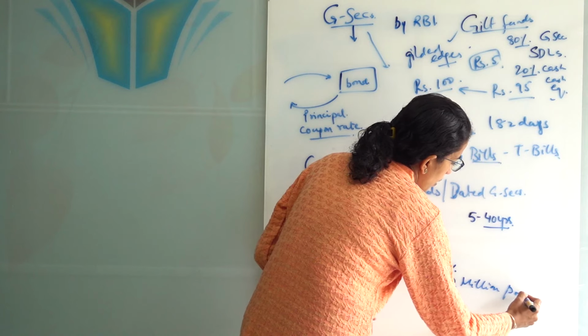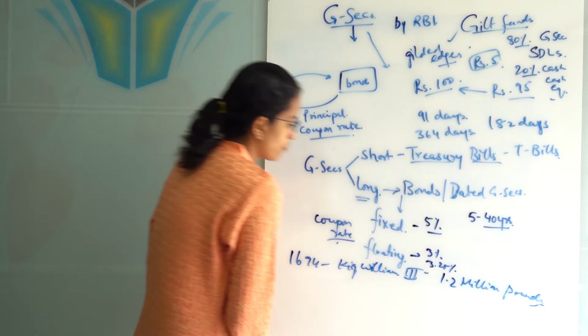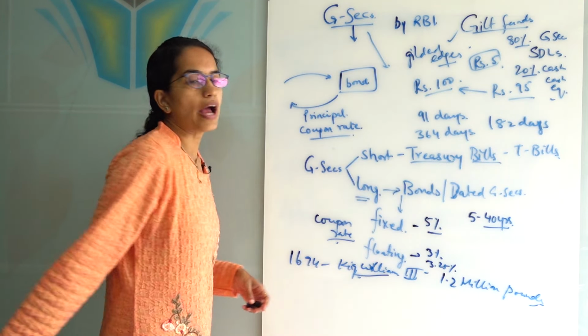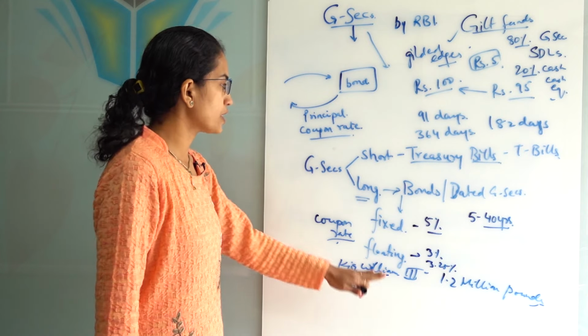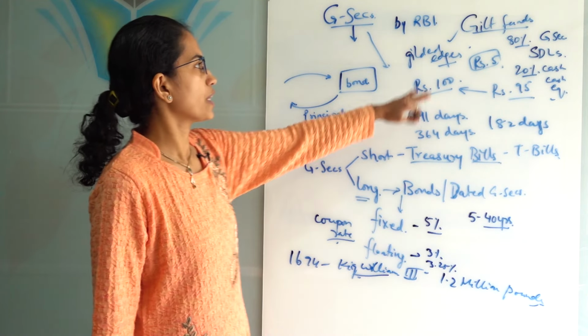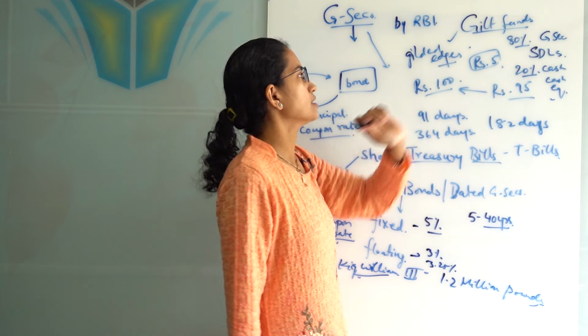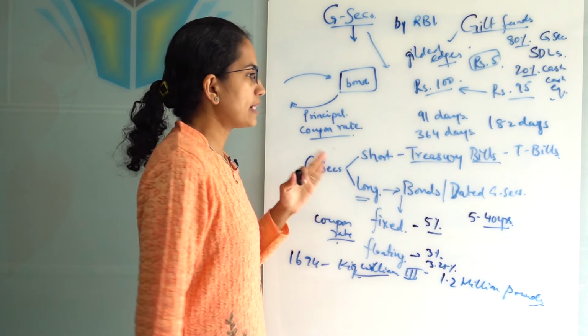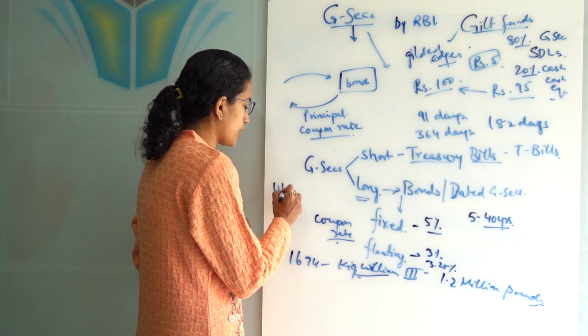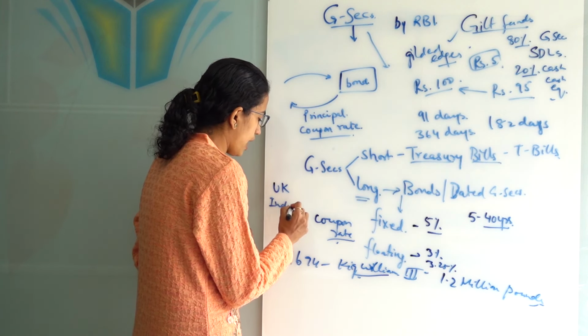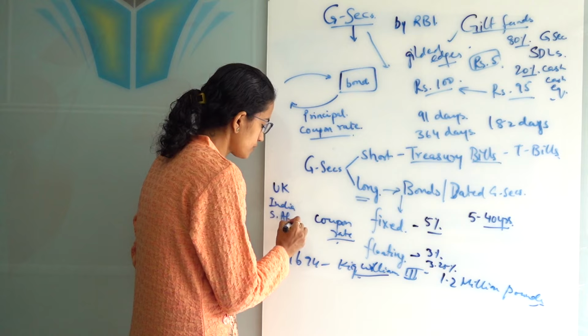That was where the origin of the term gilt funds came. These gilt funds are commonly seen in three nations: UK, India and South Africa.